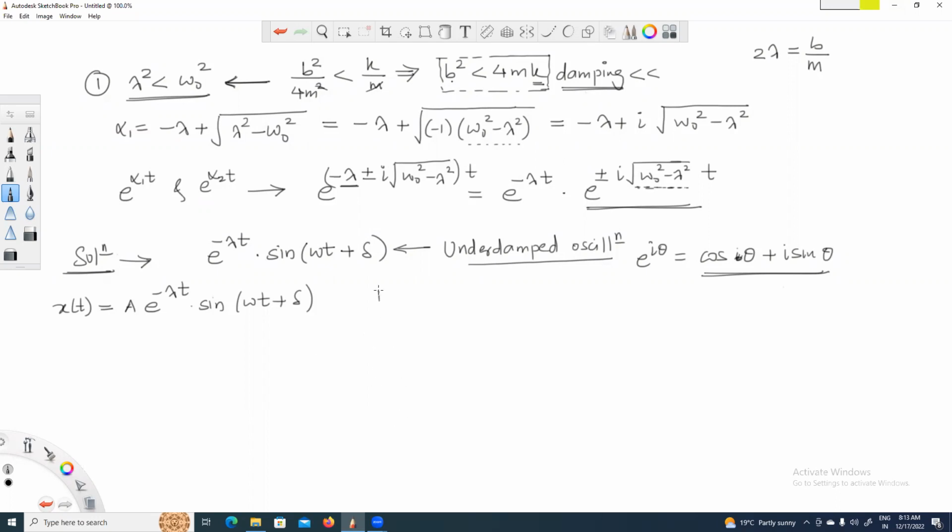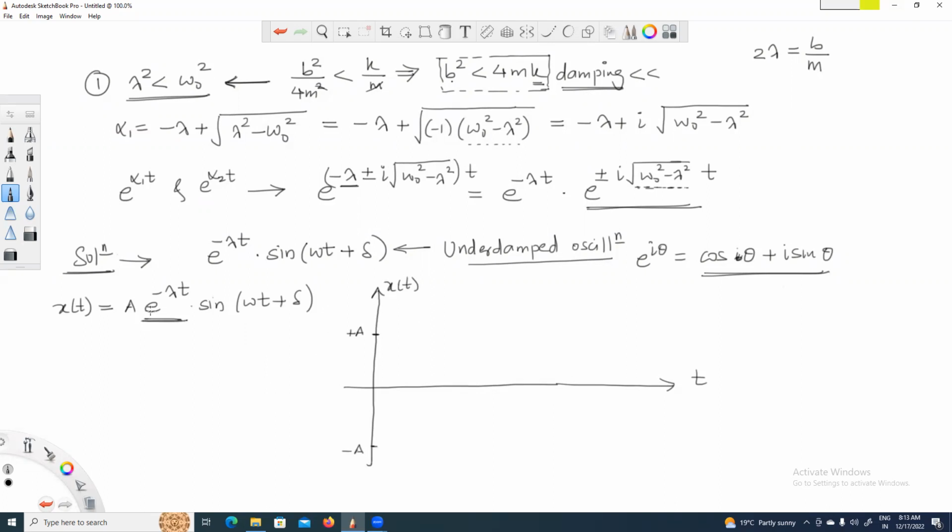If I look at the solution graph of x of t versus time, suppose this is the time axis, and initially I plot from plus a to minus a. How to draw this graph? Look at this term particularly.